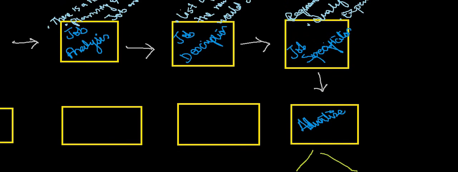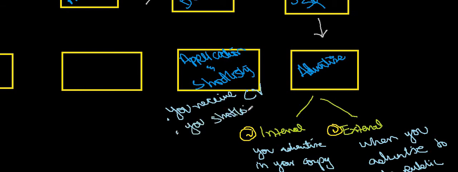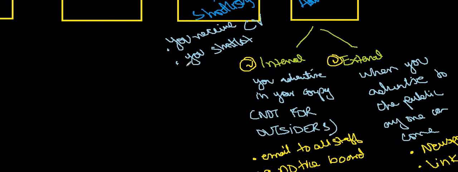Once you've advertised it, you start getting all the applications and you start shortlisting them. So people would send applications and shortlisting. So this means you receive CVs or resumes, you shortlist them as per the job description.